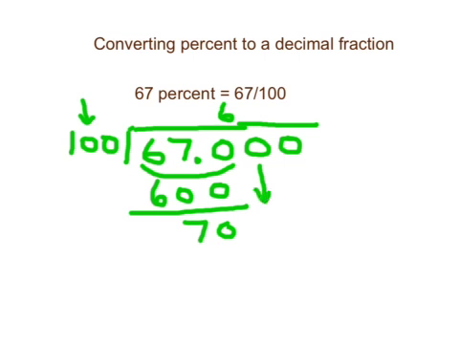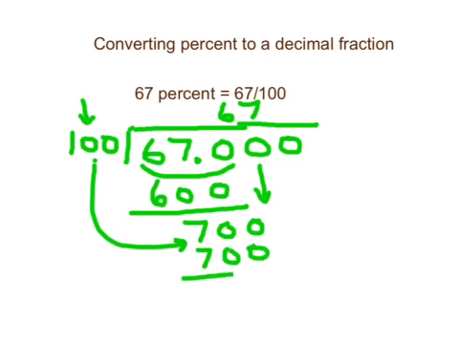Bring down a 0, and you say 100 goes into 700 7 times. And 7 times 100 is 700. And the remainder is 0. We've left out one thing.